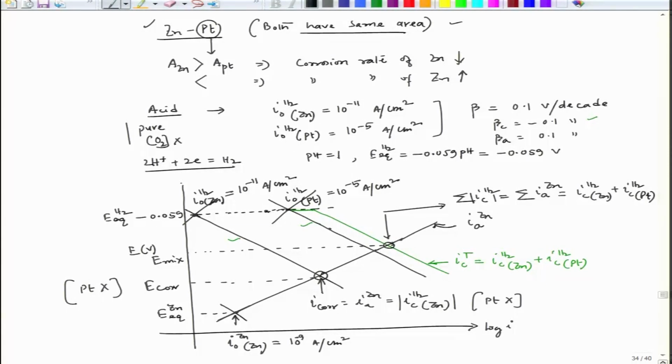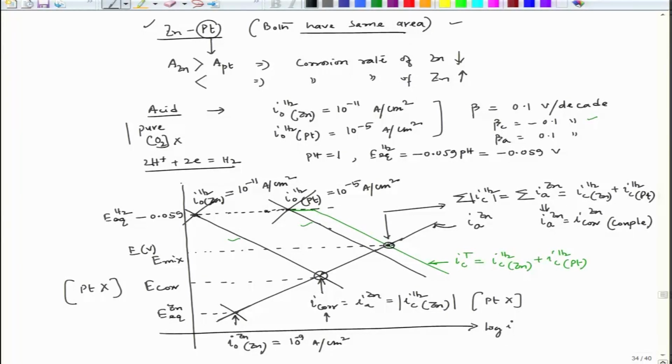Now, since the exchange current density of hydrogen evolution on the platinum surface is much higher than the hydrogen evolution exchange current density on the zinc surface, I could see that the corrosion rate has gone up from this value to IA zinc equal to I corr zinc for the galvanic couple situation.